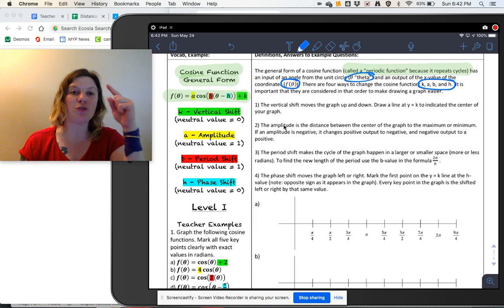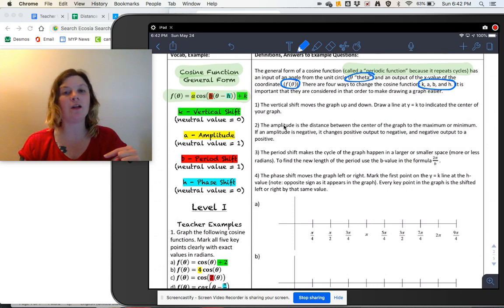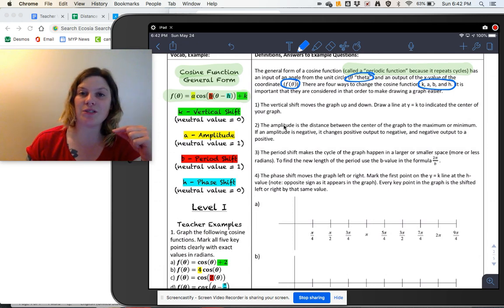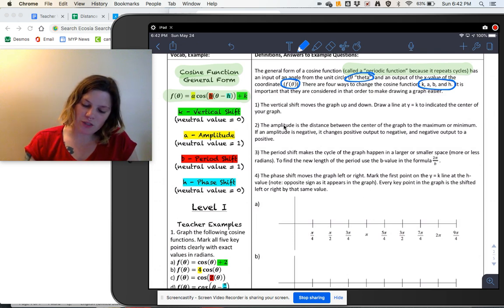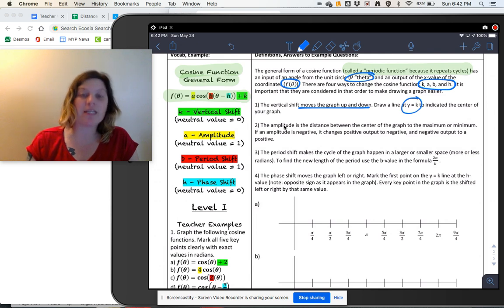Remember, it's important to do the changes in this order to make it easier to get your function correct, because if you do it out of order, it's a little harder to stay organized. So this moves the graph up and down. You're going to draw a line at y equals k to indicate the center of our graph.